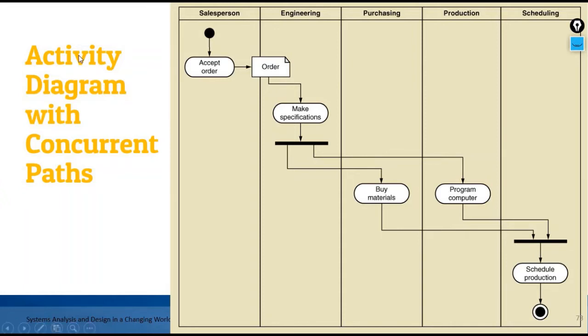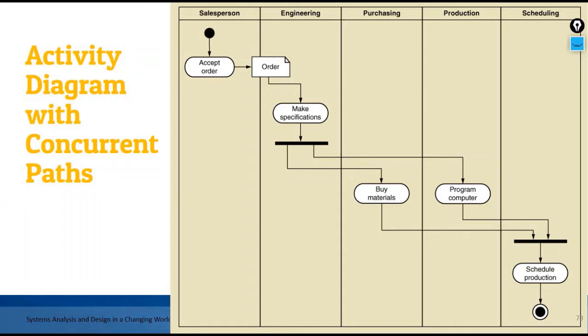To show that the salesperson sends the order to the engineering, the diagram uses a new symbol to emphasize the transmission of the document between the sales and the engineering.